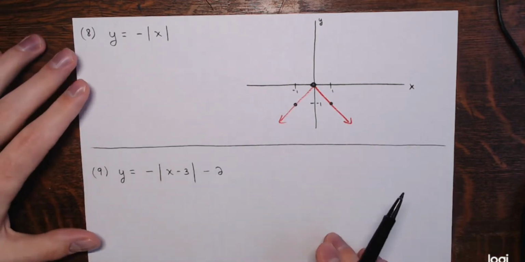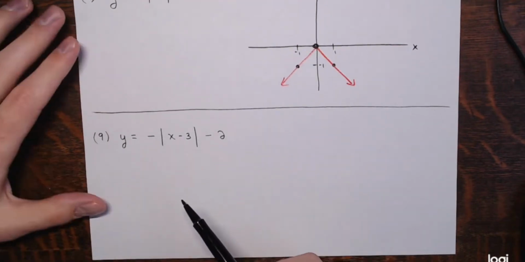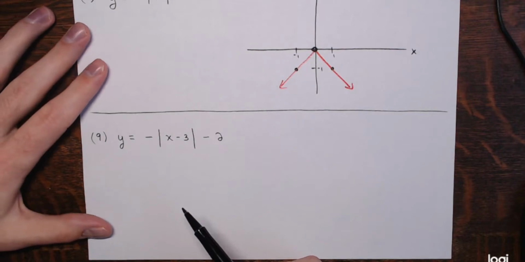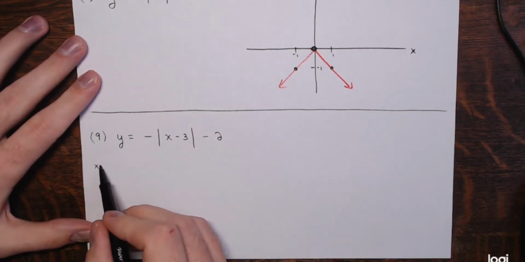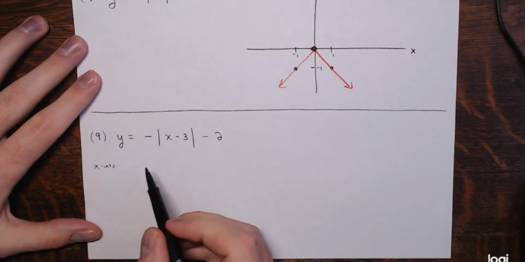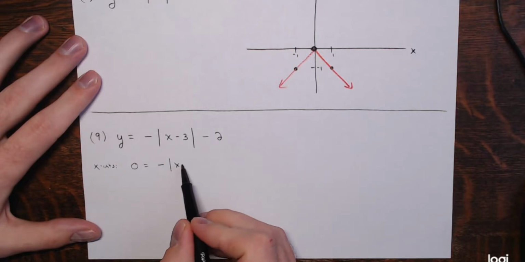All right, the next one's a little more involved. There are more transformations if you were doing transformations. So for this one, x-intercepts: put in 0 for y, and we'll solve this for x.